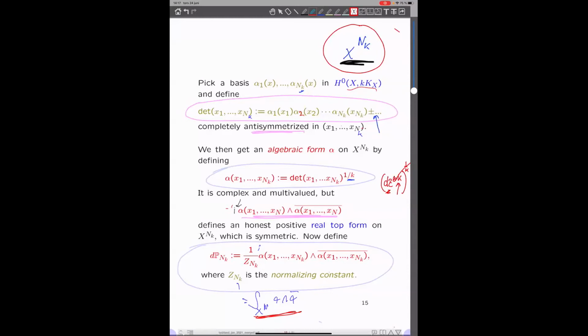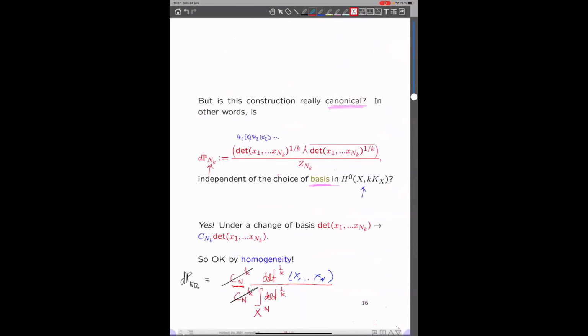But is this construction really canonical? In other words, is this probability measure independent of the choice of basis? That's an important point, and yes, it is, because that's the good news when you're using a determinant. If I change the basis in this vector space, my determinant construction will just differ by a multiplicative factor which is independent of the points, because it is just the determinant of the change of basis matrix in this vector space.